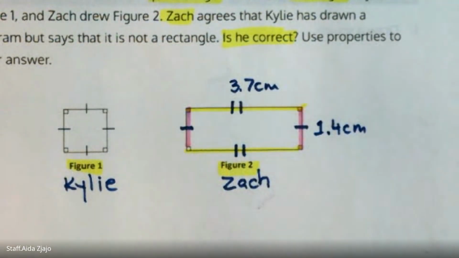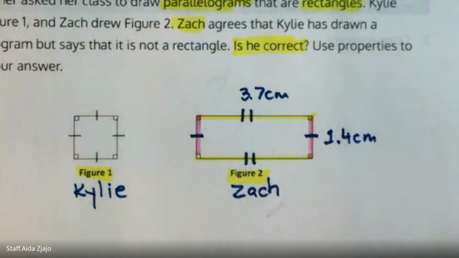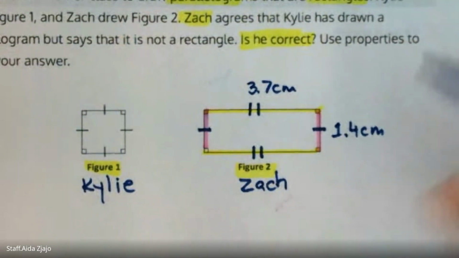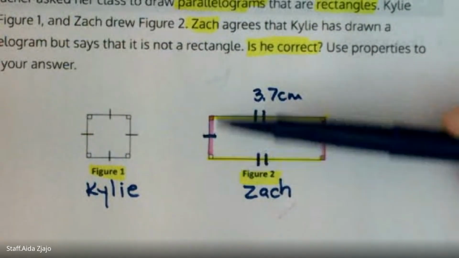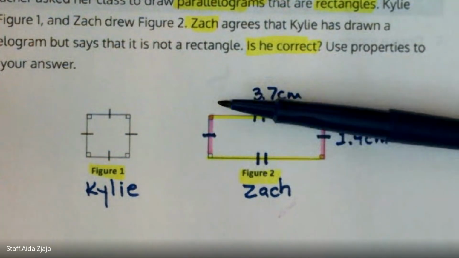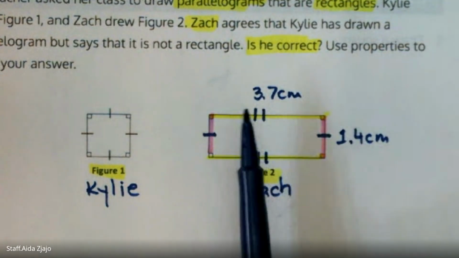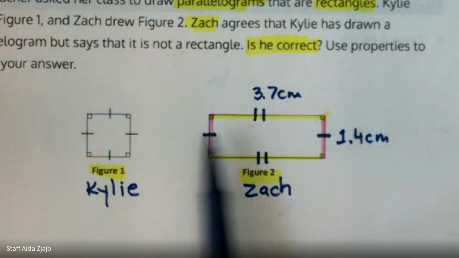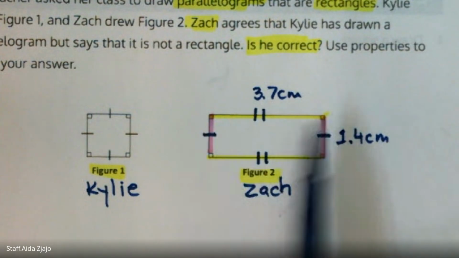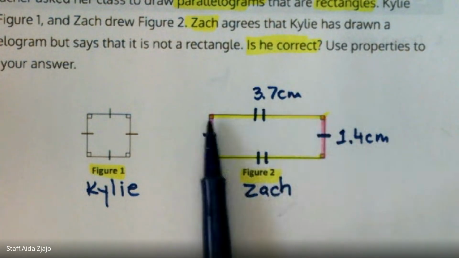They are the same. So to be a rectangle, the opposite sides have to be congruent. So these two, and the parallel also. So this is congruent to this. That's opposite to each other, and they are also parallel and congruent.